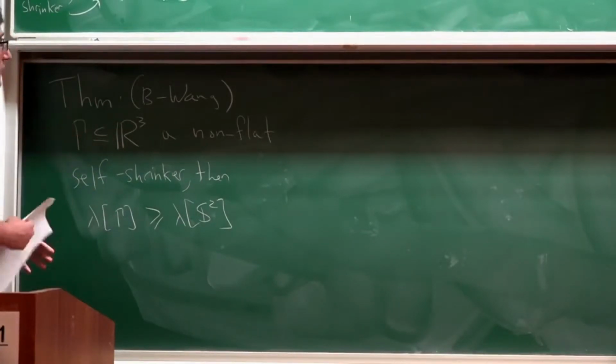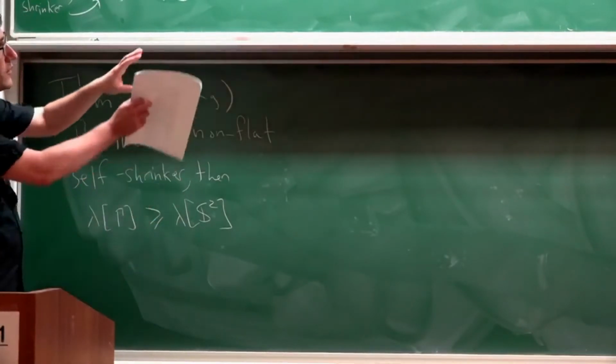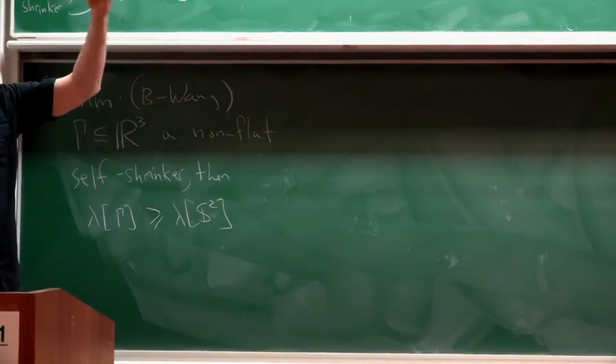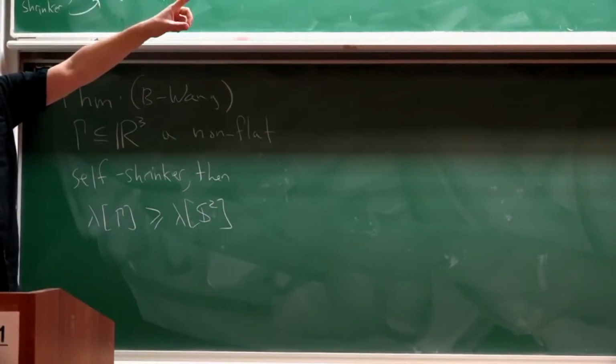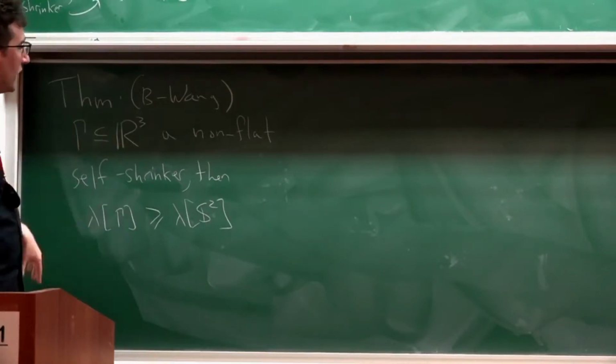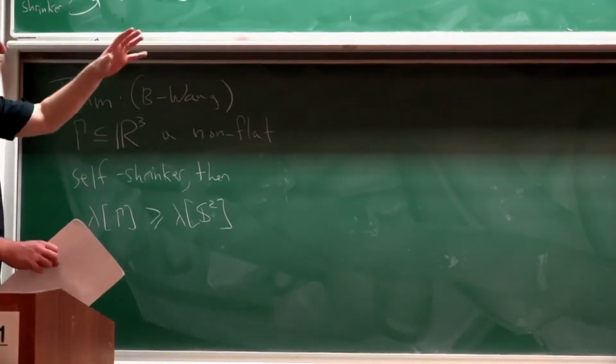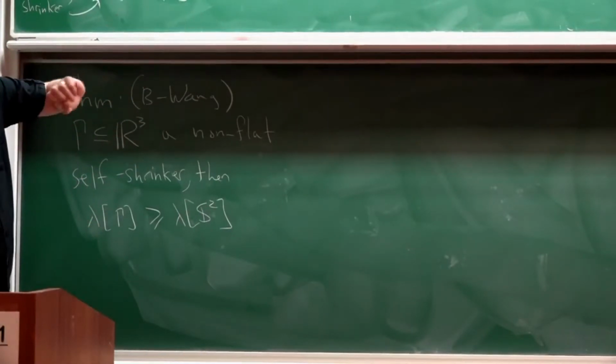All right, so this completely answers the case in dimension 2. The proof of this uses ideas similar to the proof I'm going to present of this first fact by Colding, Minicozzi and White. We use ideas of this, but at some points the fact that it's closed is important.